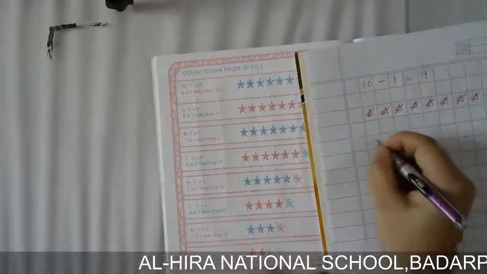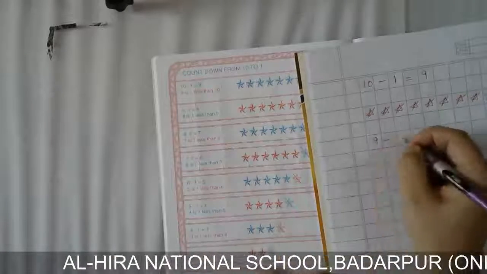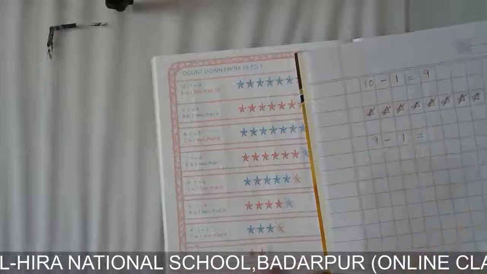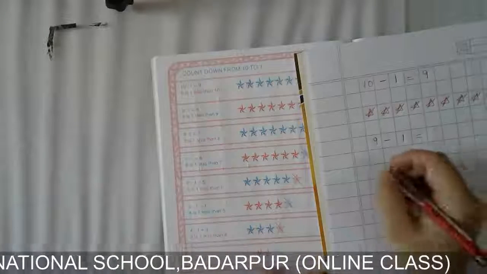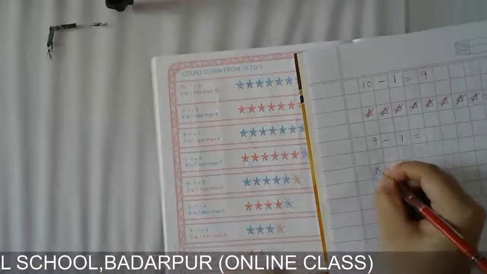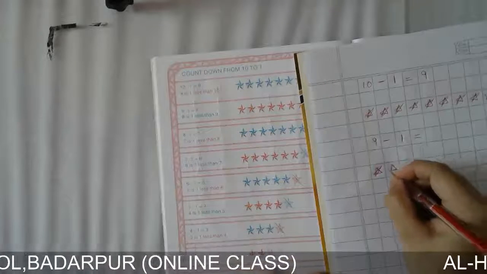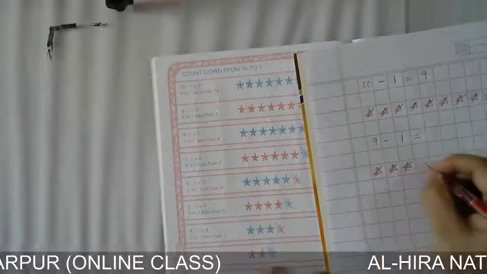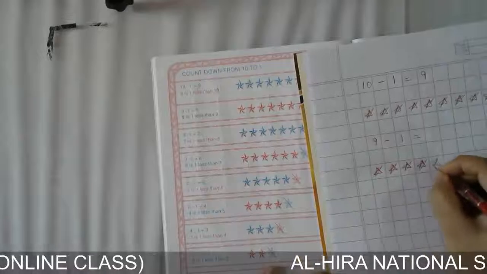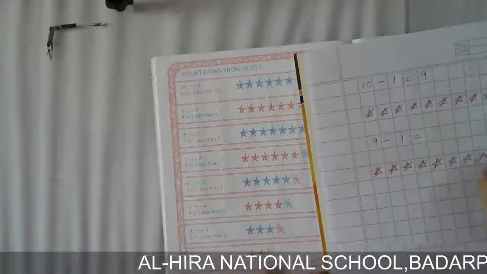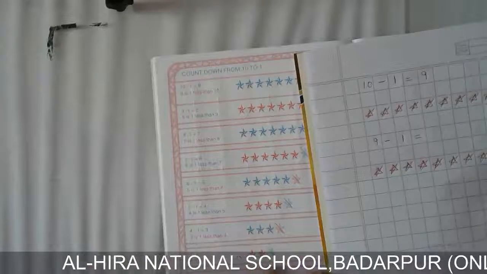Next one, 9 minus 1 equal to. Now I am doing here. I am putting 9 stars. 1, 2, 3, 4, 5, 6, 7, 8, 9.